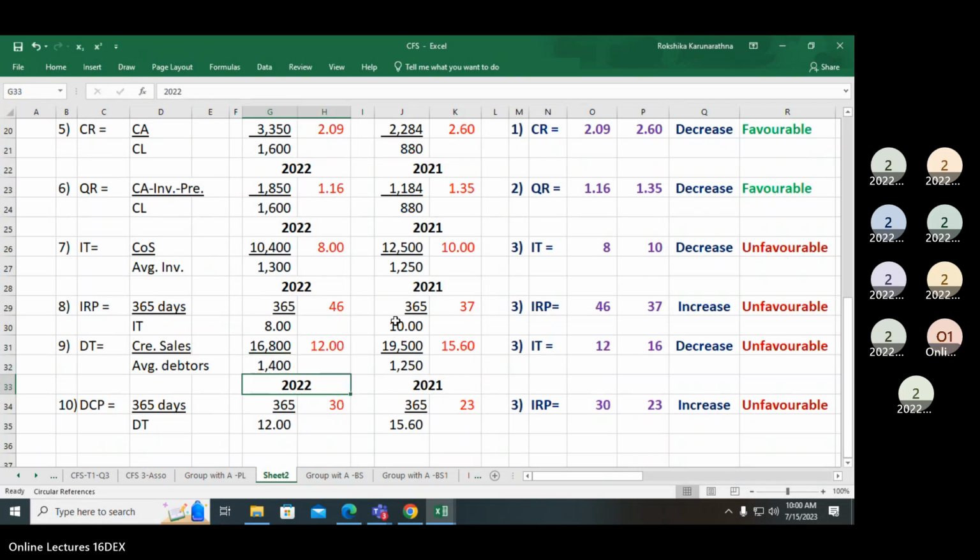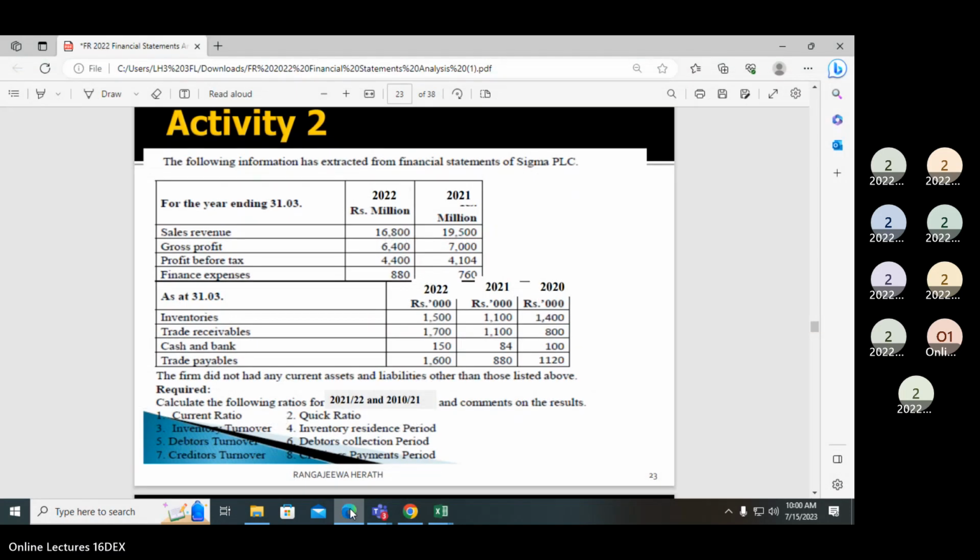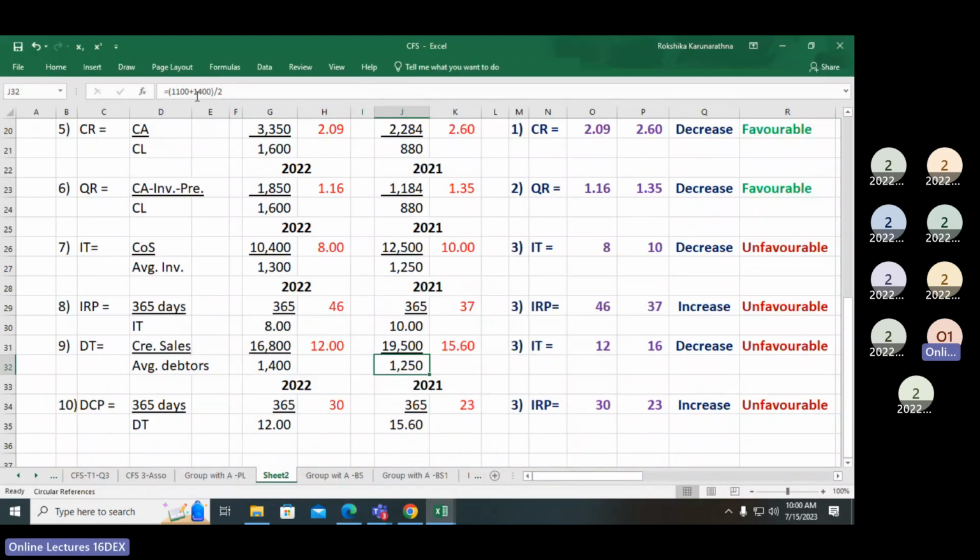Last year 1,100 and 800. So you are getting 12 and 20.53 number of days.